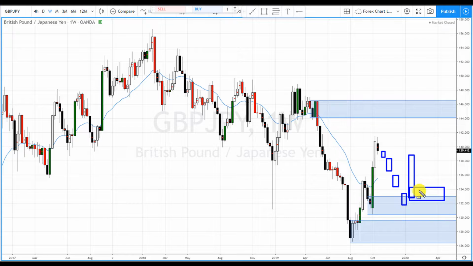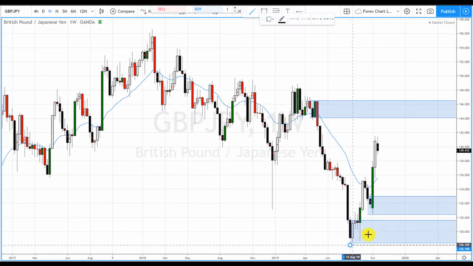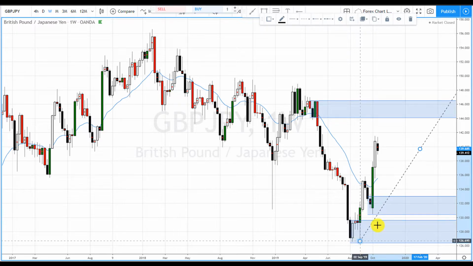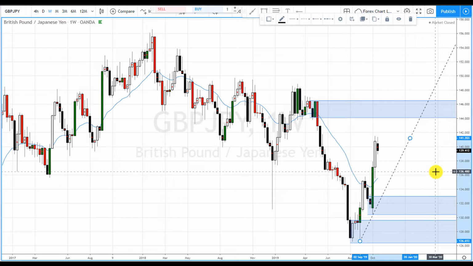Or you already know that price confirmed that it's going up already, so you can draw the trend line like this. This is kind of tricky, but yeah, like this.